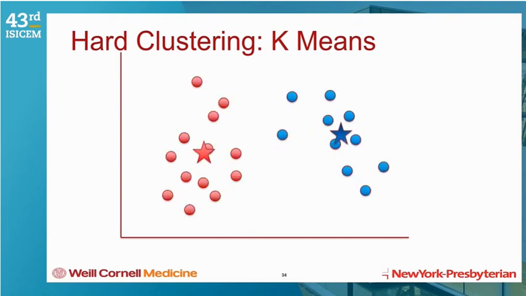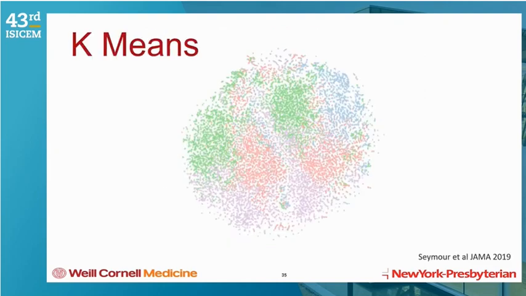And then it does the same thing repeated with multiple groups instead of just one, and the error mechanism is a little bit different than in the latent profile analysis, but it's still using an error mechanism in terms of how well the two groups define the data. And that's k-means clustering, which was behind Chris's work with the SENECA trial for sepsis descriptions.